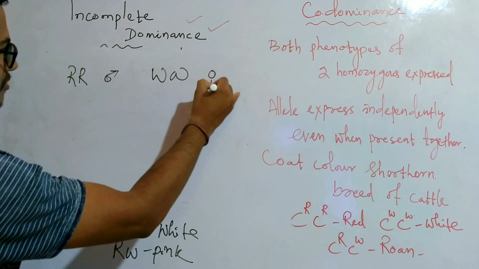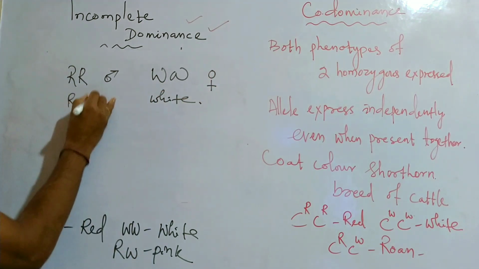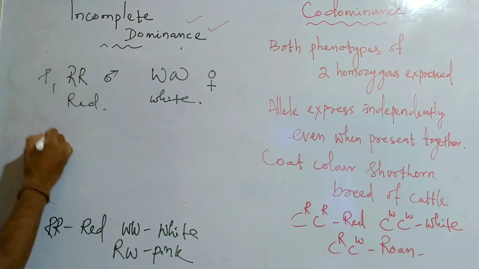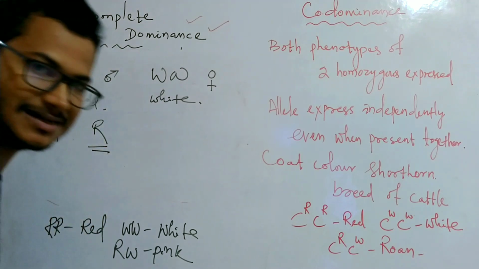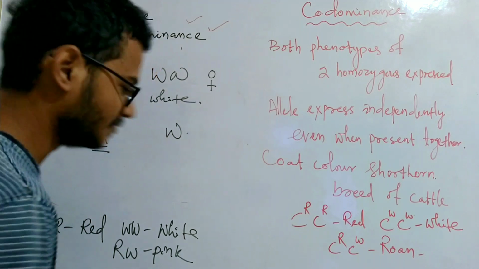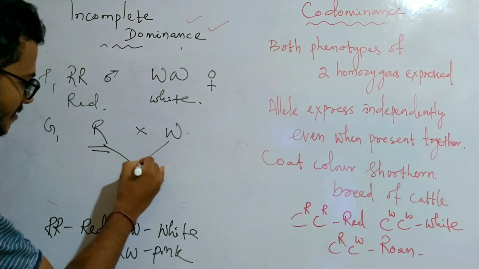Take this one as male and this one as female. Clear? Now these are P1, and we will get G1 from this. From the male parent we have the gamete R, and from the female parent we have the gamete W, representing the white flower character.